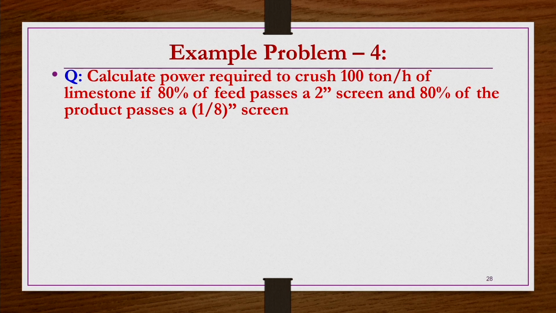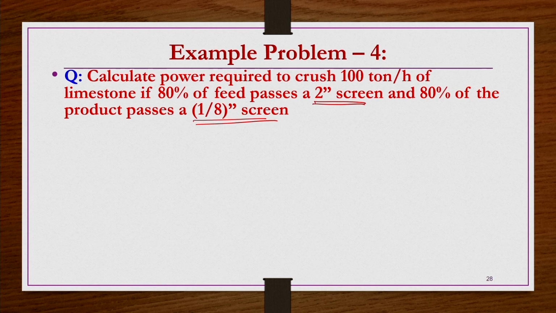So it is clearly given that 80% of the feed passes a 2-inch screen. So dPa is nothing but 2 inches, and dPb is nothing but 1/8 inch, because 80% of the product passes through a 1/8 inch screen.